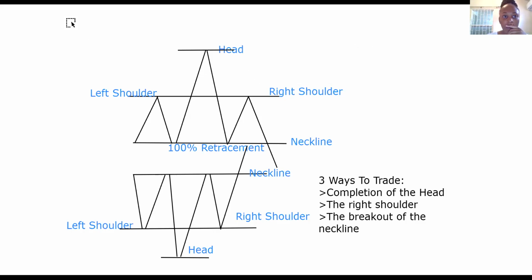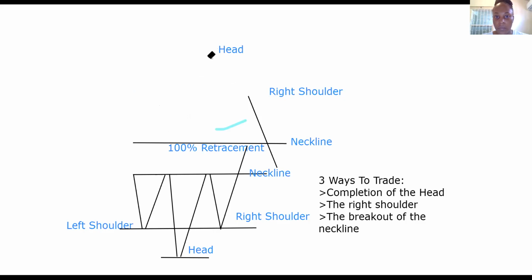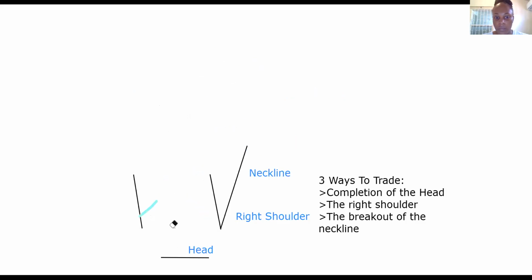So now I'm going to go through the different types of head and shoulder patterns that form. The first one we're going to look at is the regular head and shoulder pattern that I would have just drawn.